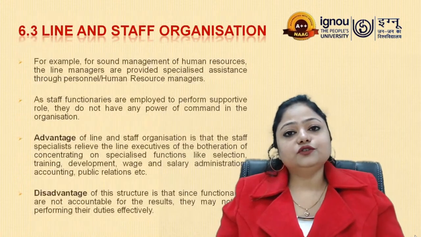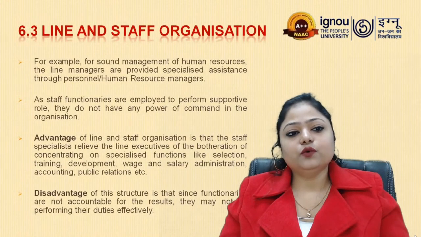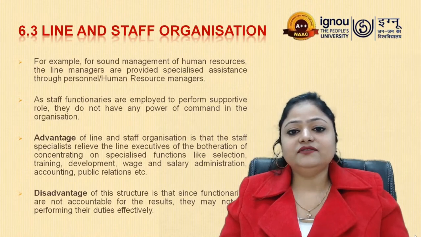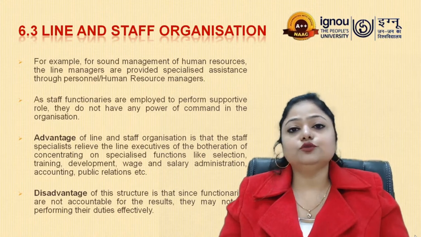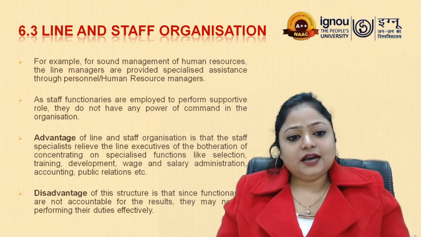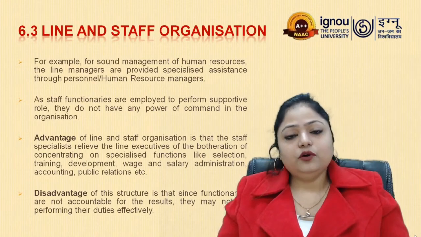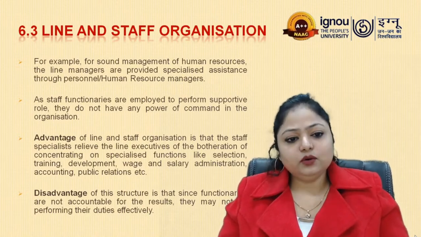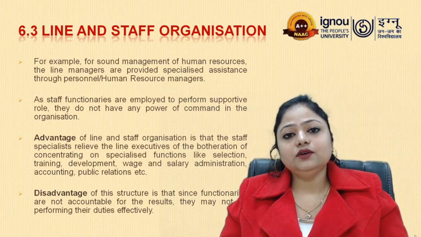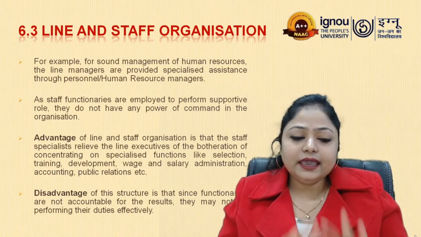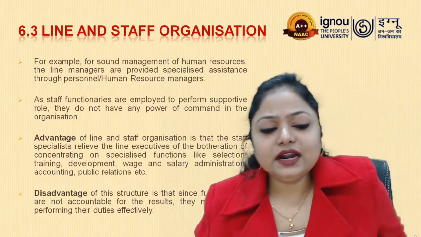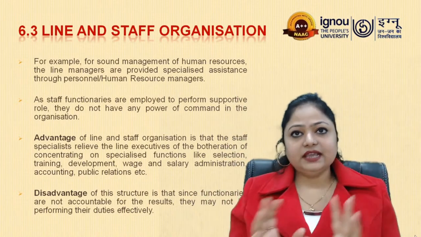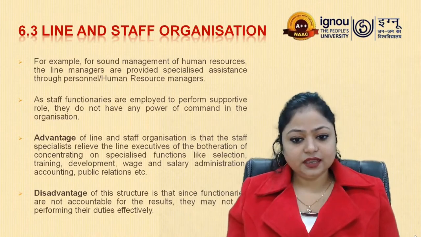For example, for sound management of human resources, line managers are provided with specialized assistance through personnel or human resource managers. As staff functionaries are evolved to perform supportive functions and a supportive role, they do not have any power of command in the organization. The command again resides in the hands of the line manager. So, what advantage does this line and staff organization structure pose?